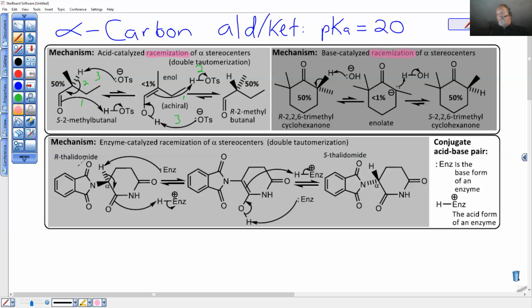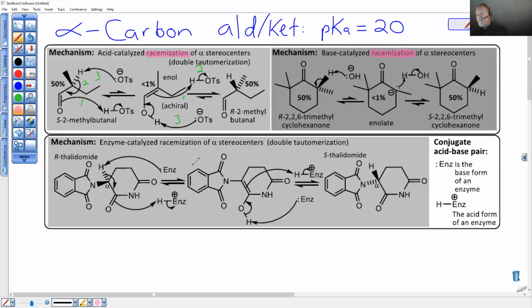Even if you administered the pure drug that was beneficial to the women, because your body contains acid-base conjugate pairs, and this is an alpha position on the drug thalidomide, enzymes and their conjugate acids would tautomerize the good form, racemizing it to a 50-50 mixture of the good form and the bad form.